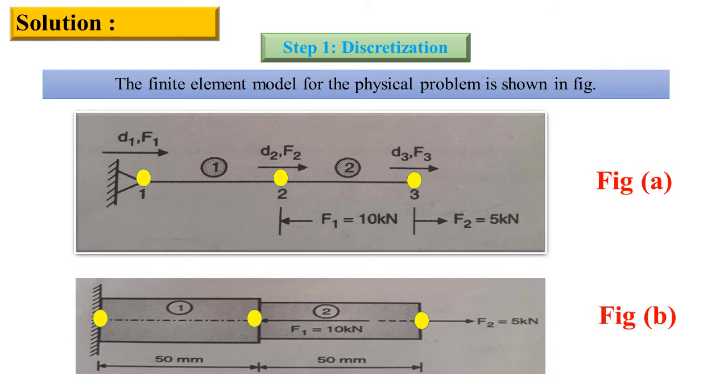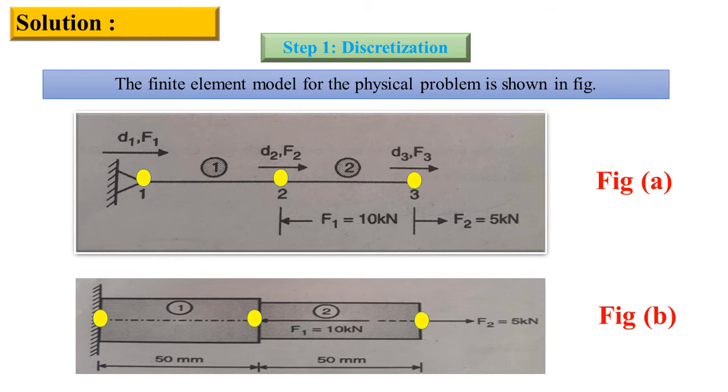Similarly, F2 means load present at node 2. Load present at node 2 is 10 kilonewton, so F2 will become 10 kilonewton. Similarly F3 is equal to load present at node 3. At node 3 there is a force of 5 kilonewton, therefore F3 is 5 kilonewton.